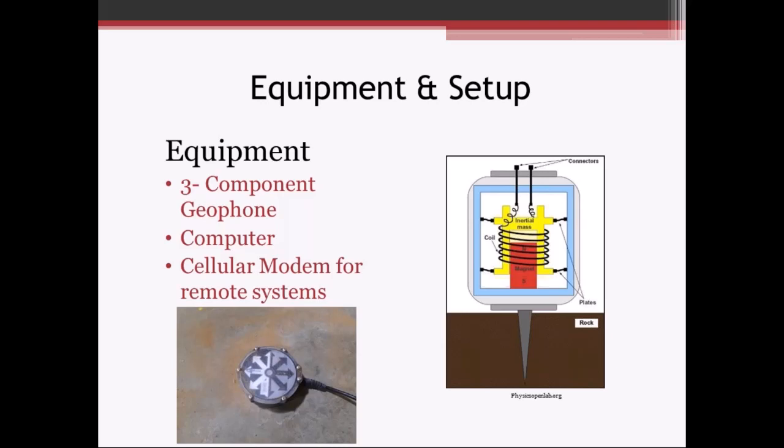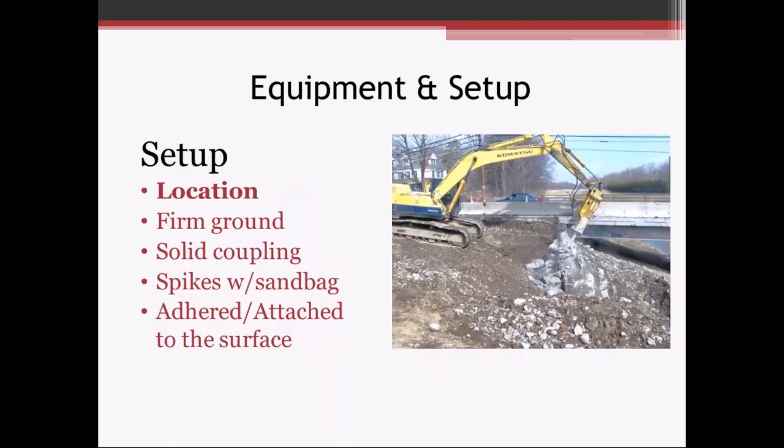Maybe it has some threshold values set up during the day, so if it reaches a certain peak particle velocity, it records that and sends out a notification, either by email or by text, sometimes both, to interested parties on the project. So everybody understands that maybe you're getting close to some limits.